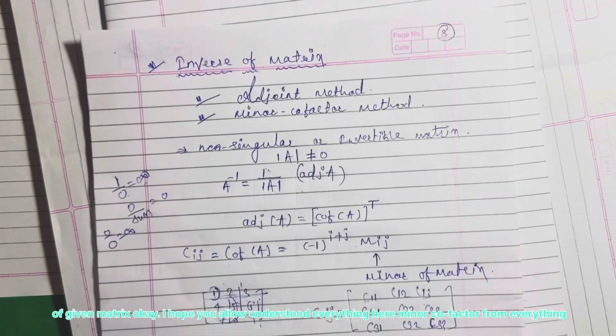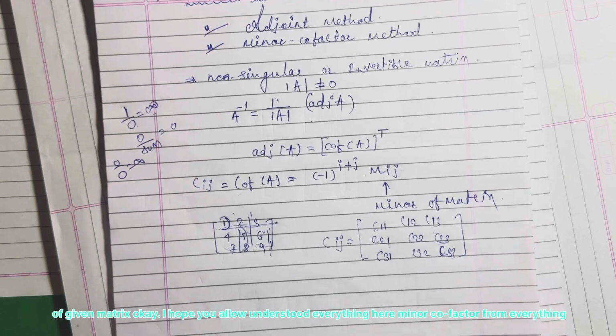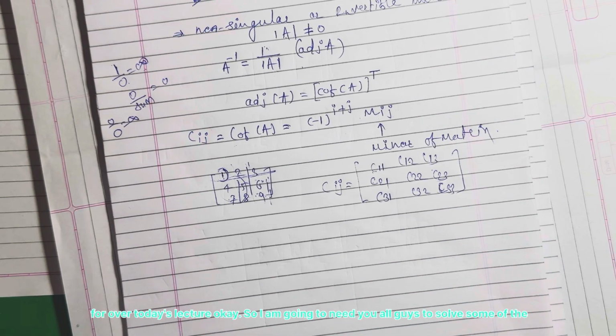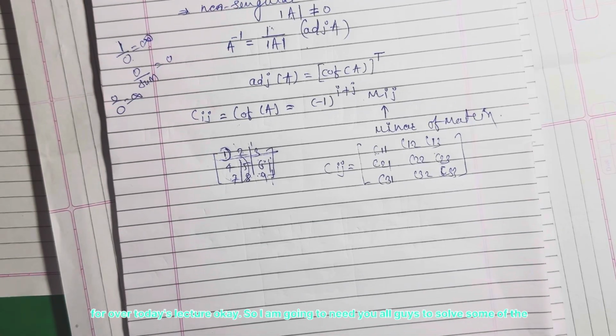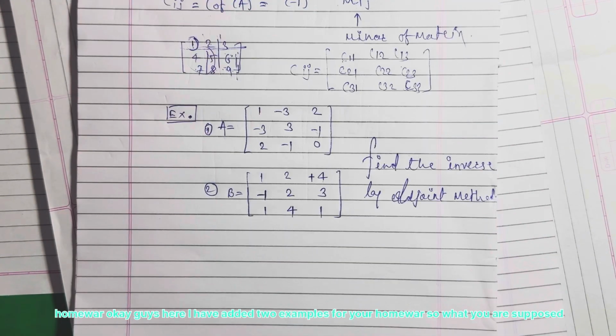I hope you all have understood everything about adjoint, minor, cofactor from today's lecture. I need you all to solve some examples based on the minor, cofactor or adjoint method, as homework. Here I have added 2 examples.